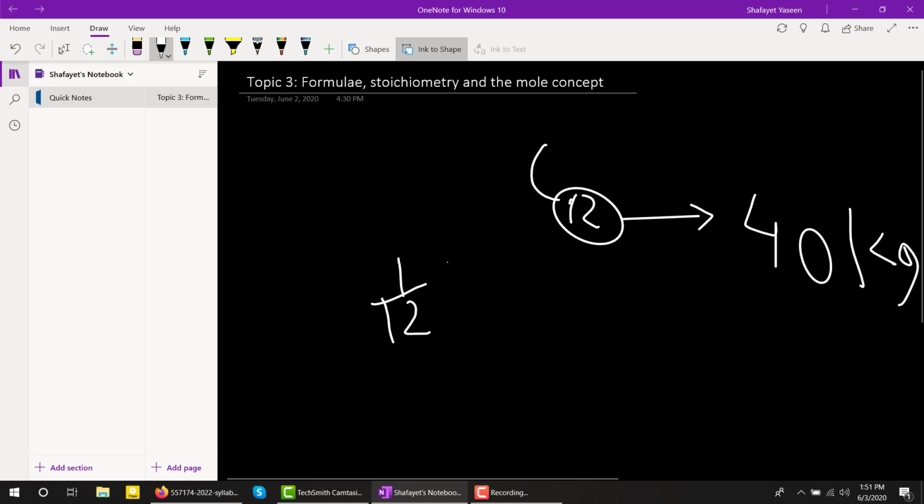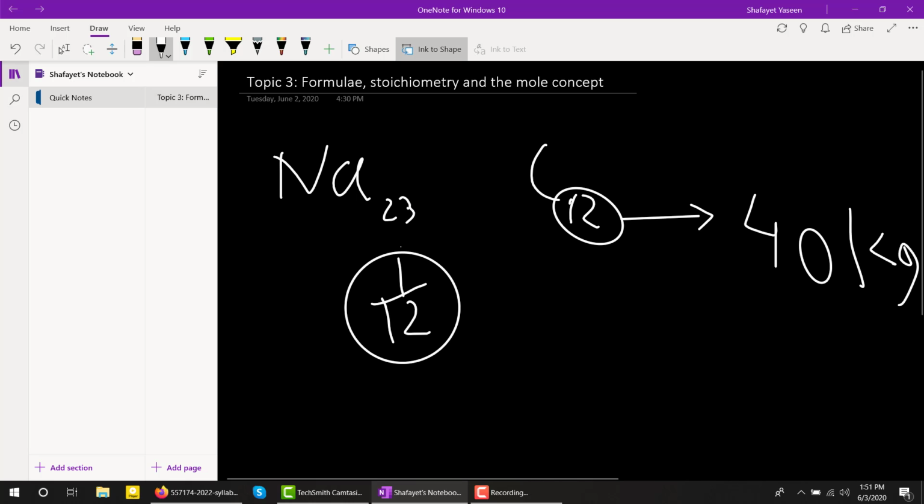So what scientists did is they considered this as a factor to use while calculating or approximating the masses of other elements. For instance, let's have a look at sodium, right? Sodium is 23.